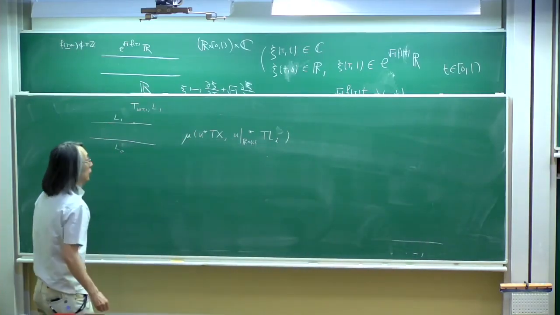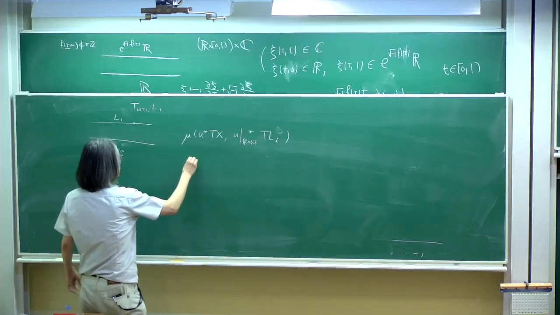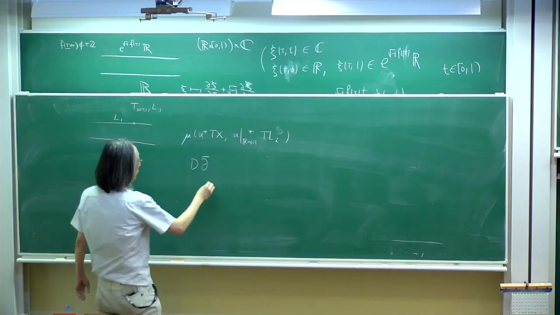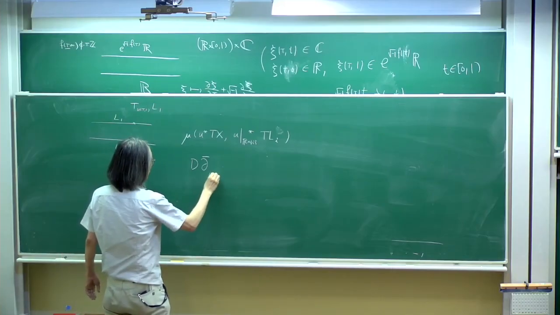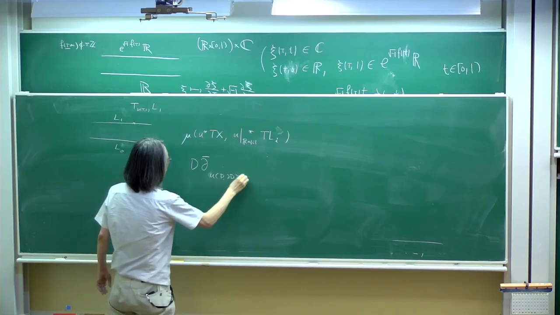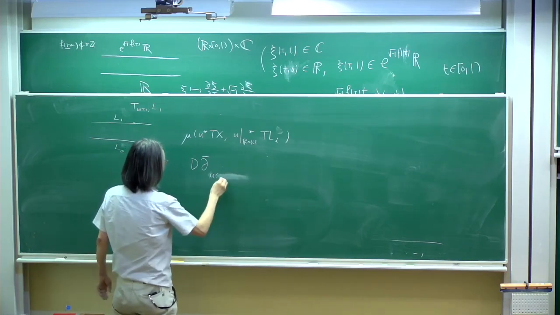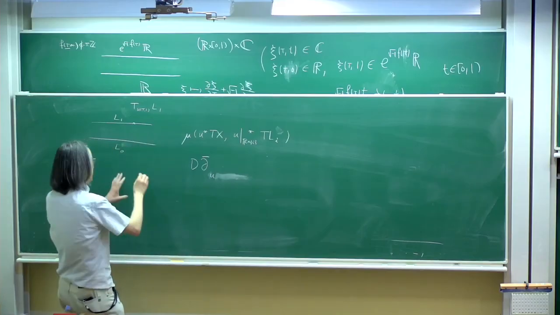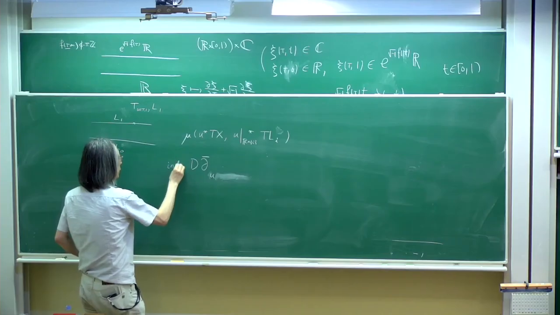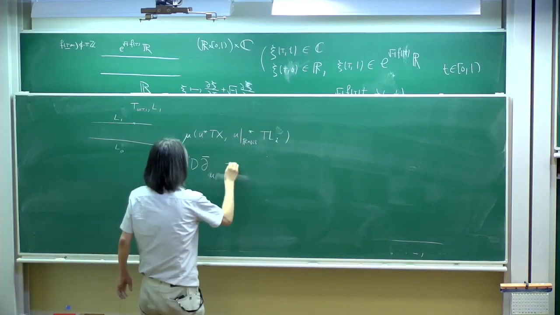And then we also have this linearized operator here, and this u. Here u is a map from the cylinder to the target. And then take this index.